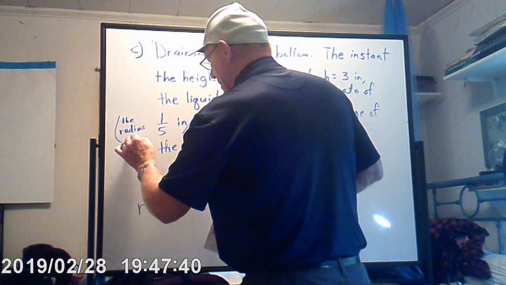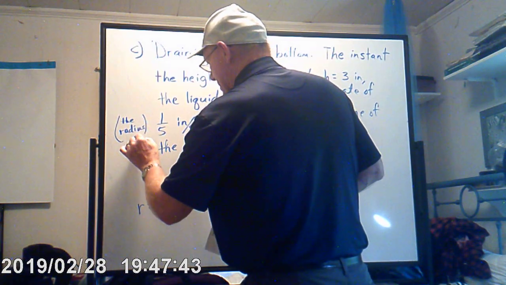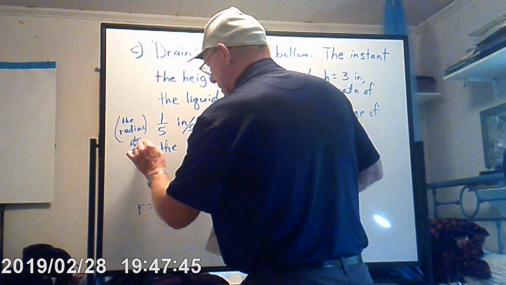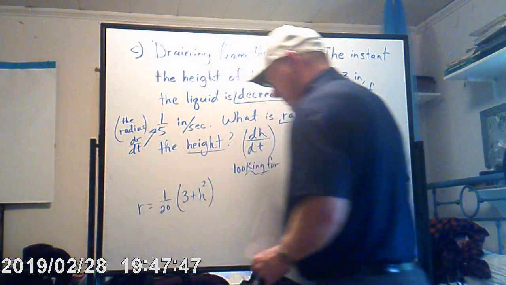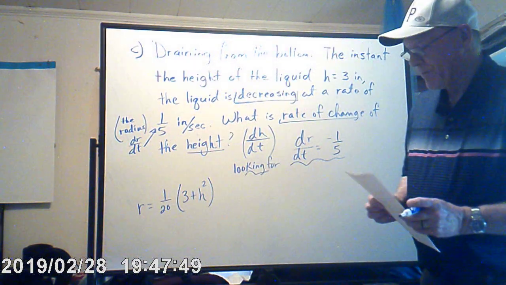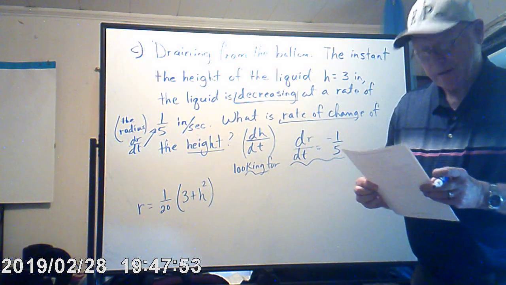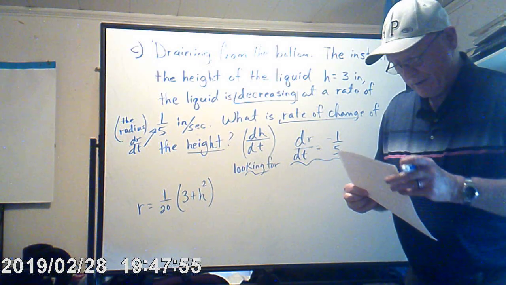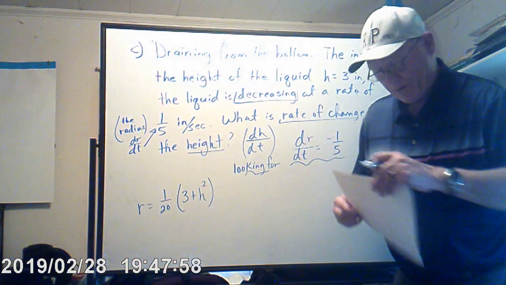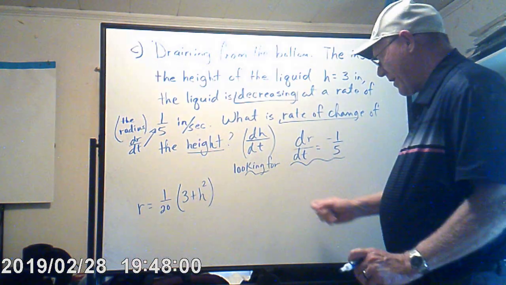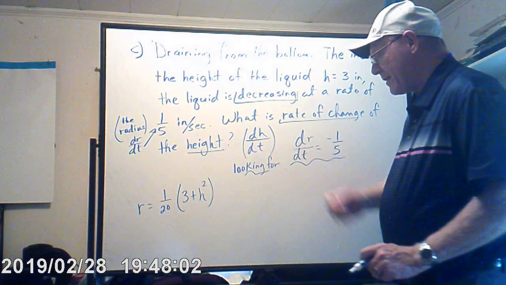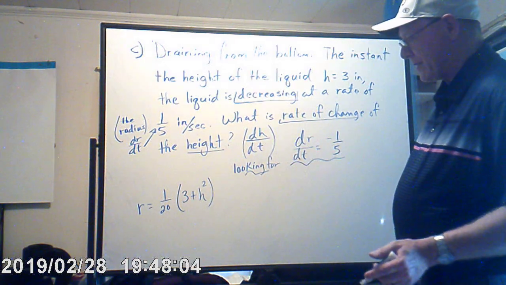It's dr over dt. At this instant, what is the rate of change of the height? Well, when it says rate of change of the height, I'm looking for dh over dt. So let's do this.